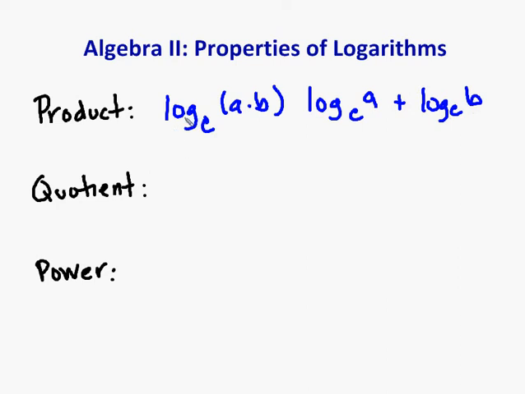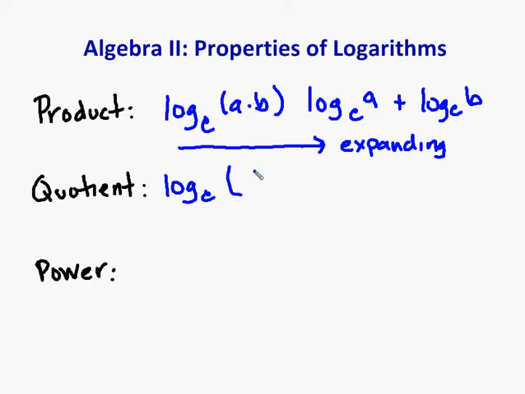Now, this is called an expansion in this direction. This is called expanding the log. And I'll talk about condensing the log in just a second. And the quotient property, if I have log, again, let's just say c, of a over b, well then that's equal to the log with a base of c of a minus log base c of b.